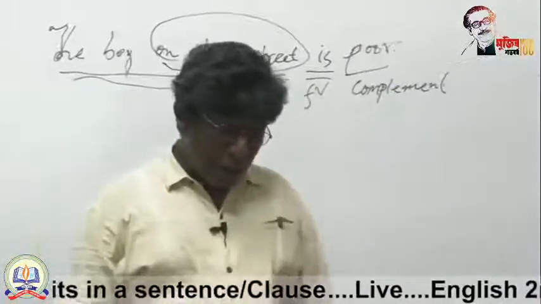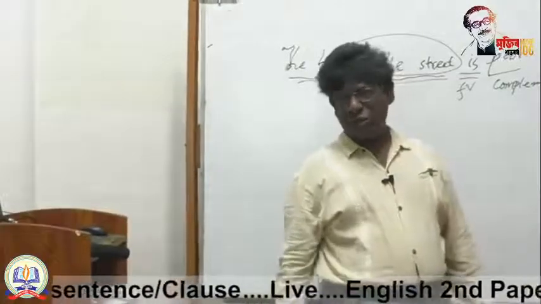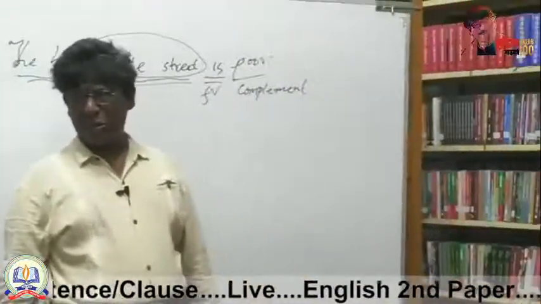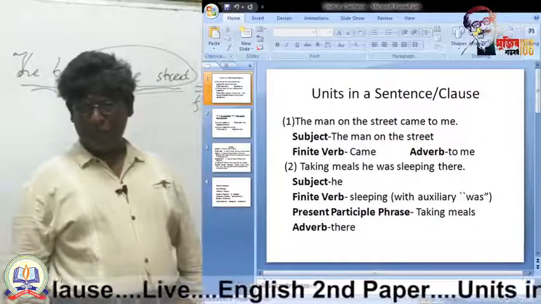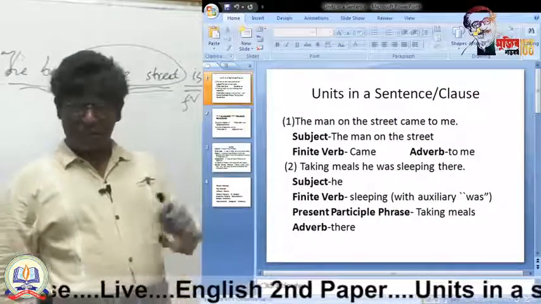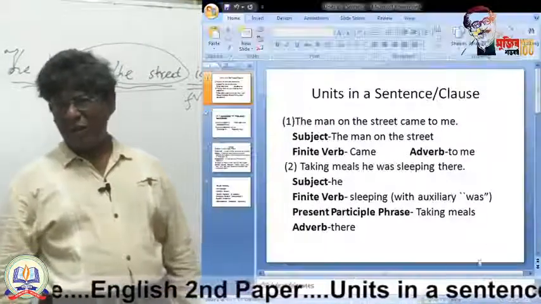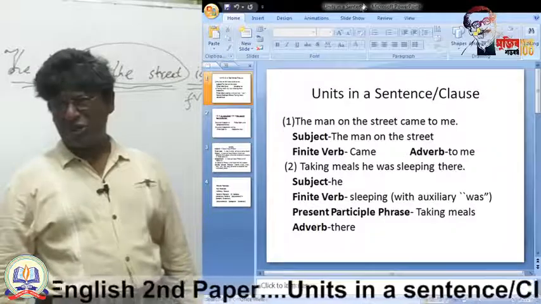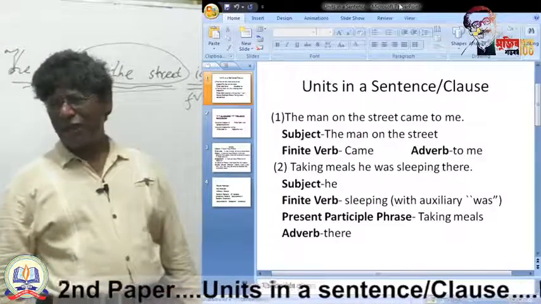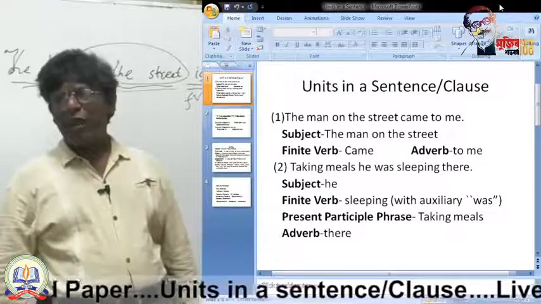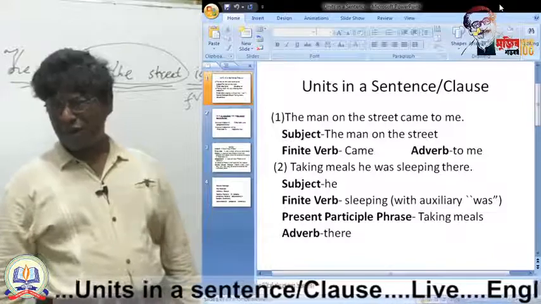Well, we have been learning in this way since our childhood. Since our school days, we have been learning English in this way. That is why it has become a belief in our mind that a sentence contains only 3 parts: subject, verb and object. Actually, verbs are also of different types.